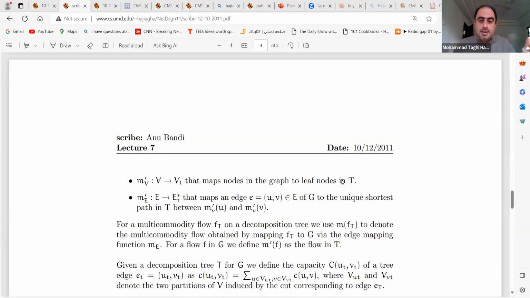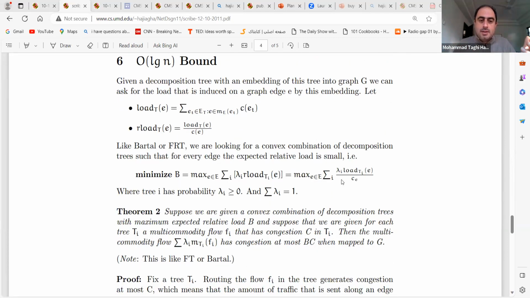Good. So then we discussed these trees, this concept of load and relative load. That was important. We discussed that you have this graph G, and then this is the tree T that you have.